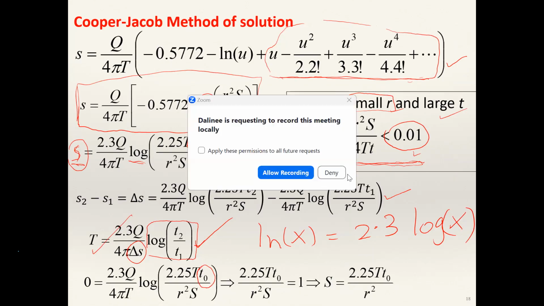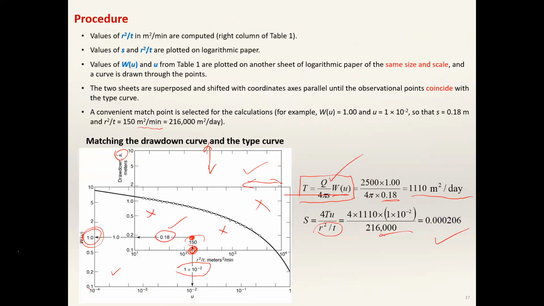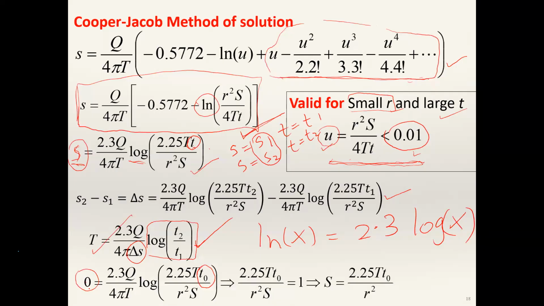Only after that does the drawdown start. Until T is equal to T naught, the drawdown is equal to 0. That's it. So now you see our drawdown is equal to 0. So the only way this drawdown can be equal to 0 is if this part of the equation becomes 0, because the others are constant.